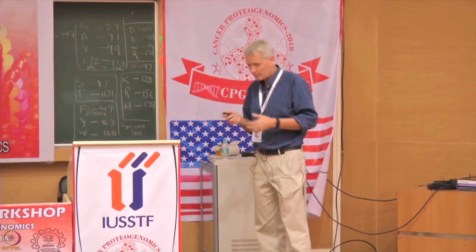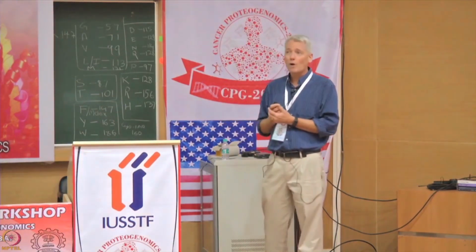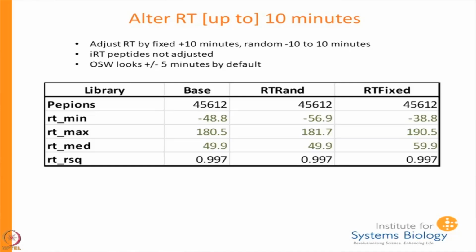Here's a little bit of a description of why we might want to have good libraries. As a test, I took this library that we're talking about, which is only a subset of the PHL. These are the minimum, maximum, and median retention time. I did 2 different things.